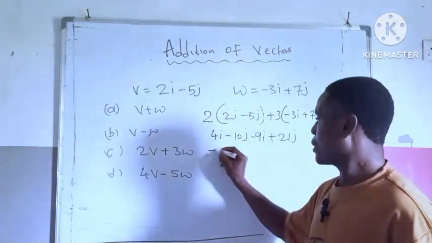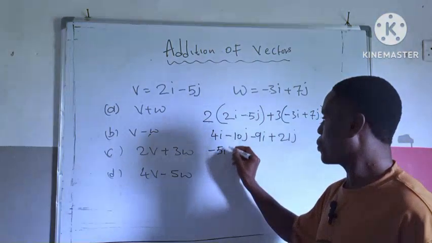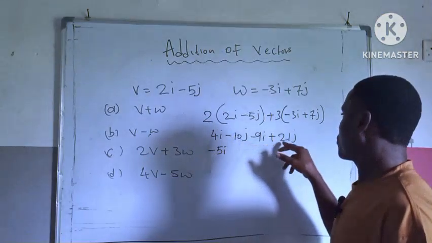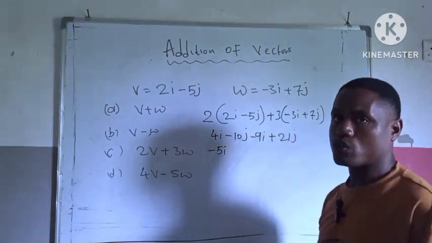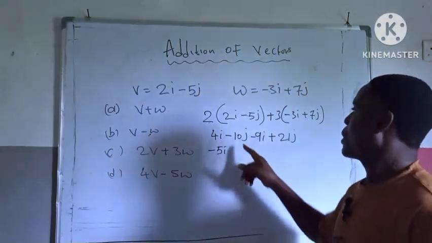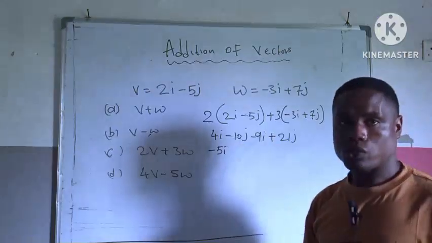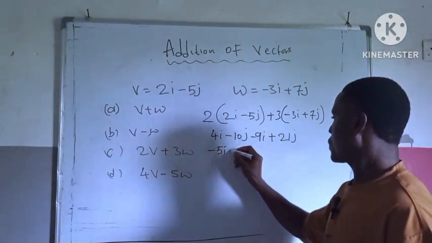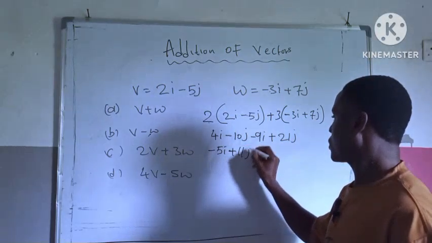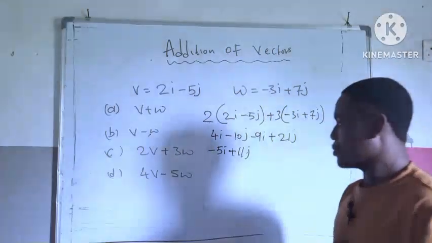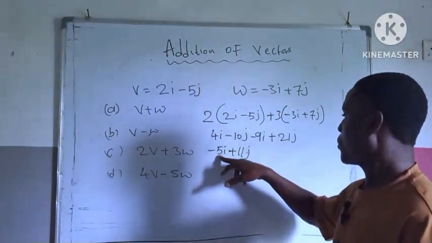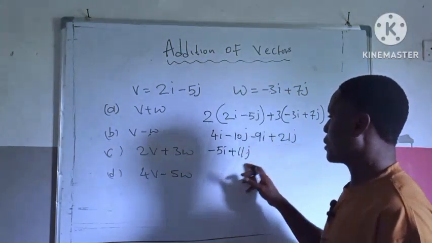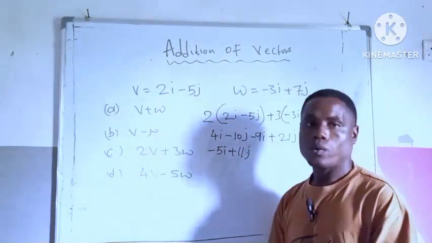So we have minus 5i. Then minus 10j plus 21j: minus 10 plus 21 is plus 11, so we have plus 11j. So we have minus 5i plus 11j. So this is the answer to the third one.